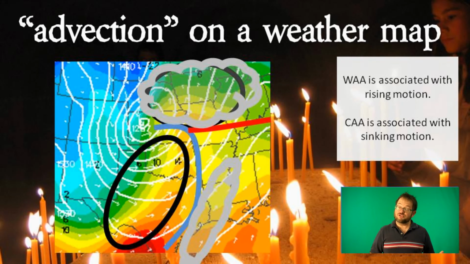Whereas if there's cold air advection behind the cold front, we're going to expect sinking motion and clear skies behind the cold front. There might be clouds out ahead of the cold front where the cold front is lifting air up as it plows its way forward. But behind the cold front, there'll be an area of cold air advection that produces sinking motion. It's actually somewhat more complicated than that, but that's a good first guess as to how to associate cold air advection and warm air advection with whether or not there'll be clouds and precipitation in a given region.